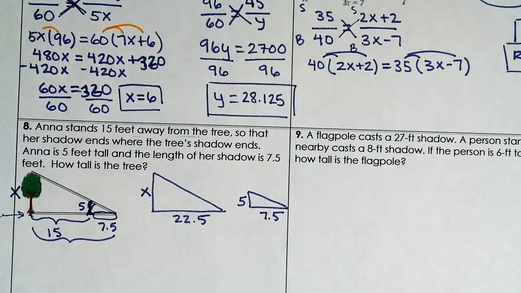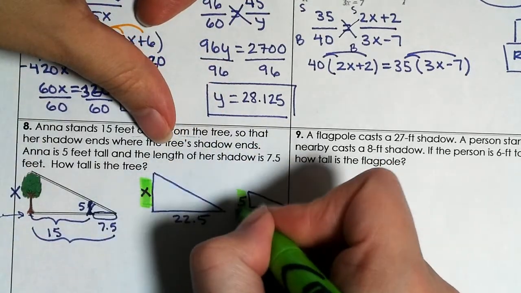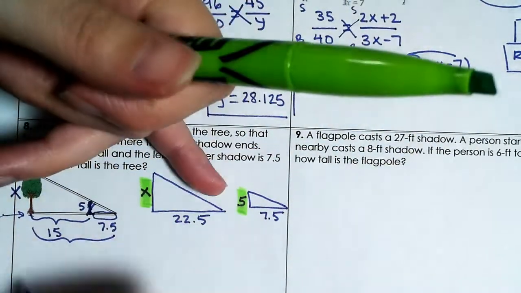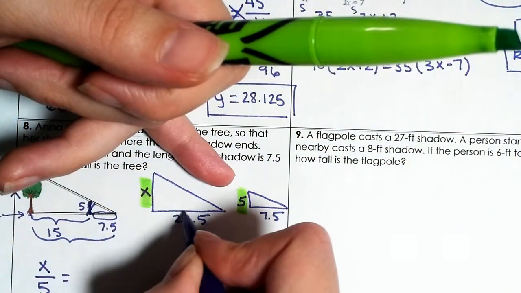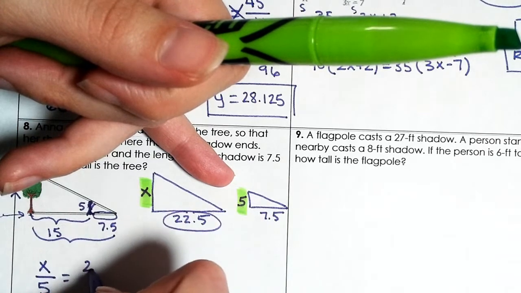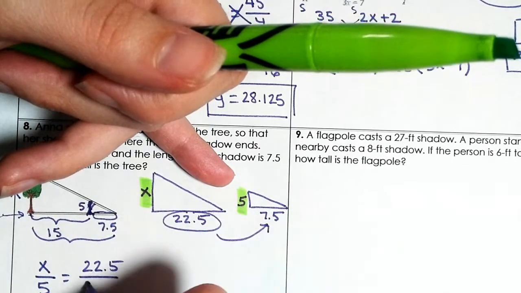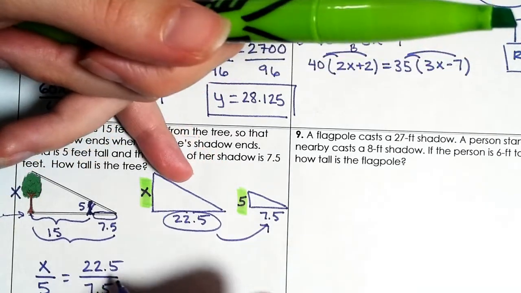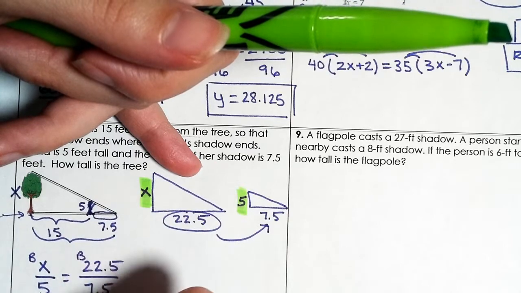So now I want to match up what I can. So I can say x over 5 should be equal to 22.5 over 7.5. So again, for this one I've got my big triangle on the top, my small triangle on the bottom.